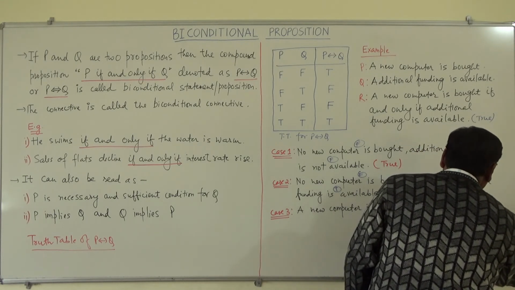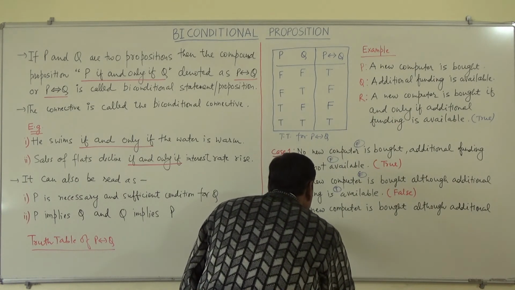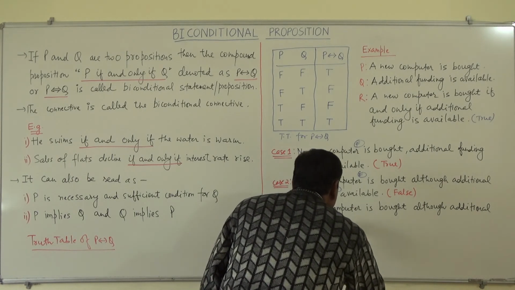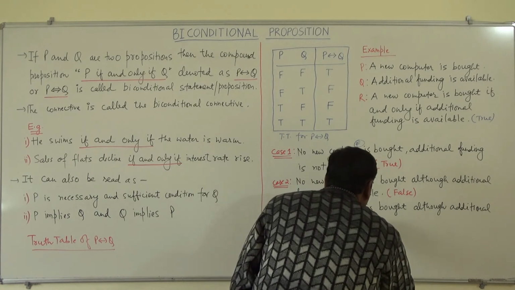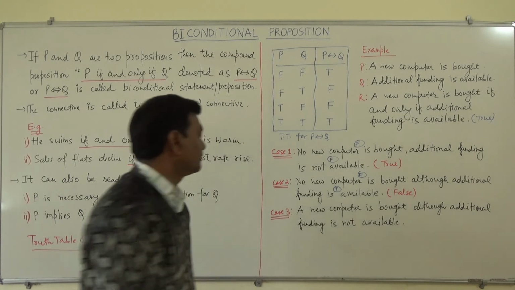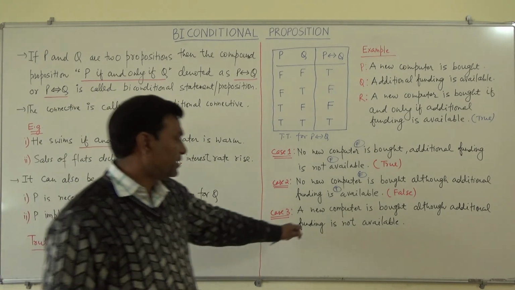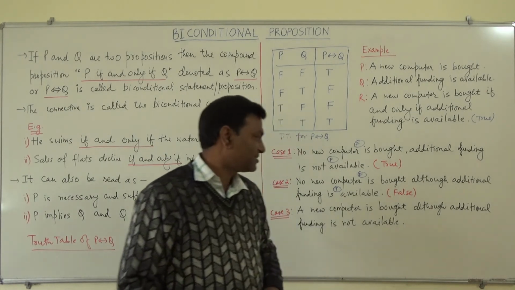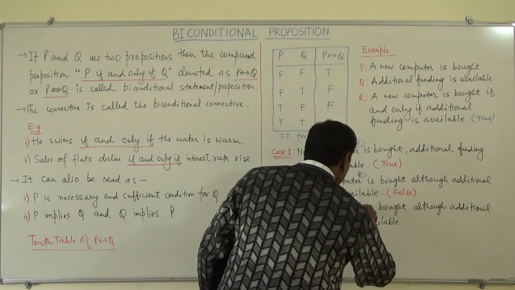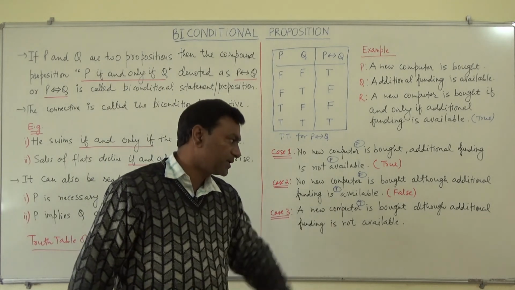So again we can see in this case 3, a new computer is bought, it means P is true, although additional funding is not available.